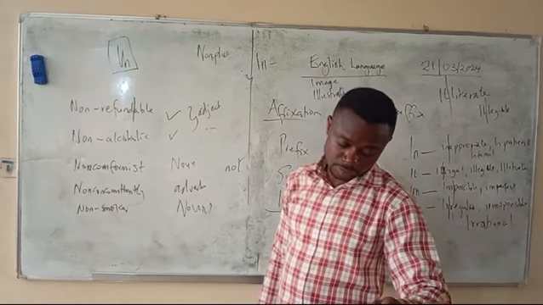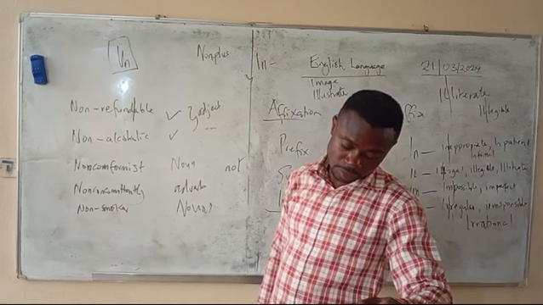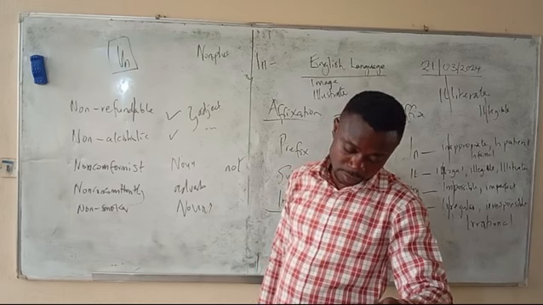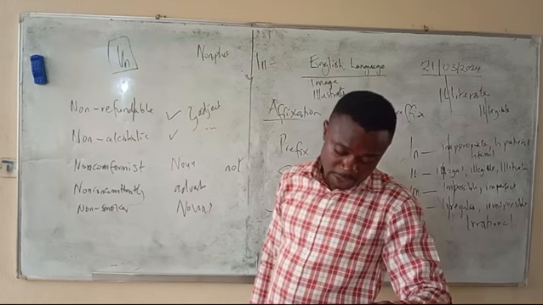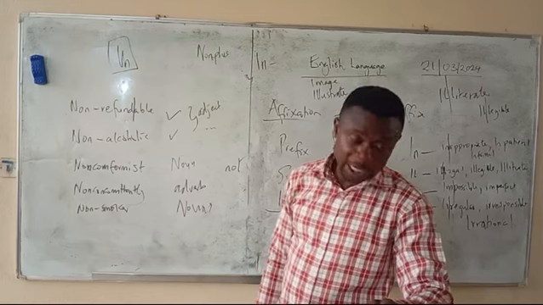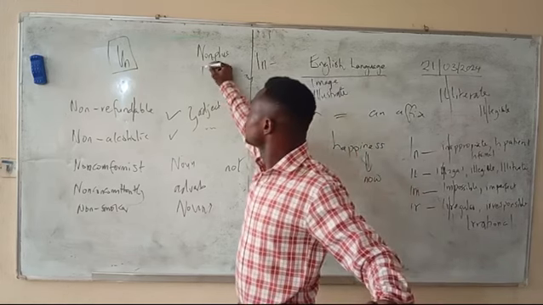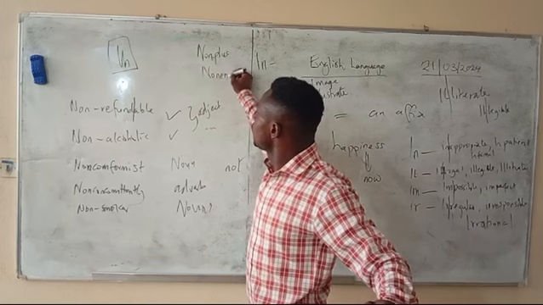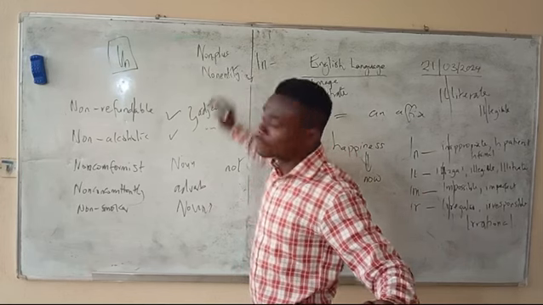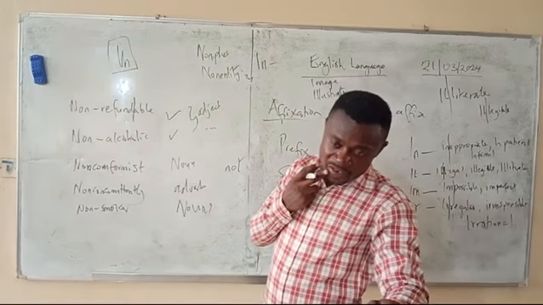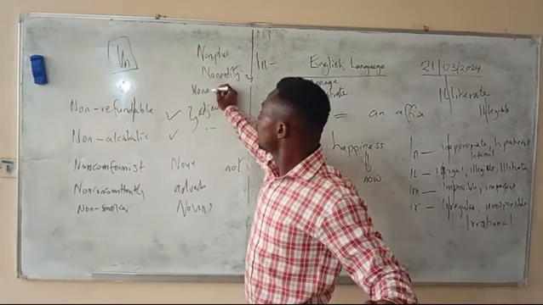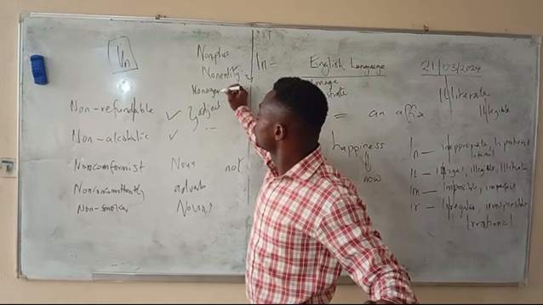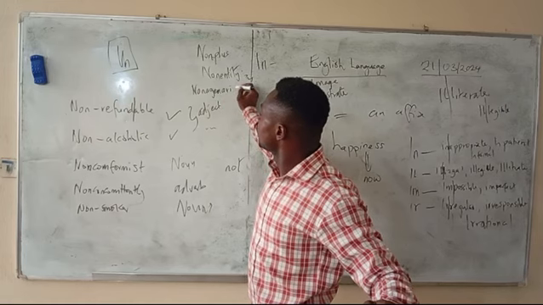Number two, non-entity. Number three, nonagenarian.